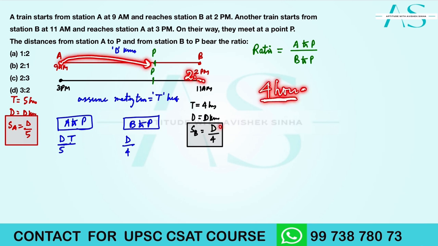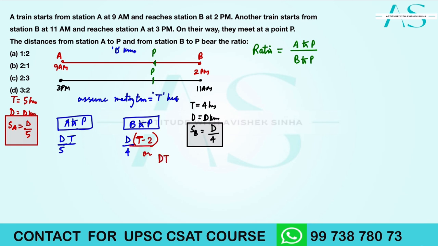The second train is only traveling for 4 minus 2, which is 2 hours. So the second train is traveling for T minus 2, always 2 hours less. Now, you can write this as d(t minus 2) by 4, or dt by 4 minus 2d by 4. This is the distance. You have calculated the distance.